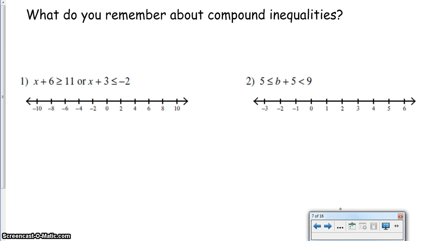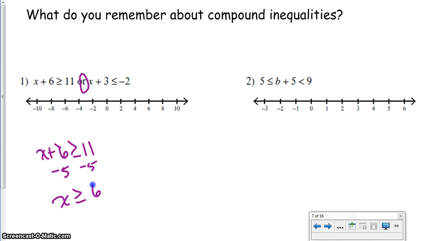So, what do you remember about compound inequalities? We talked a little bit about this with one of my class periods. If it is an or, then you know that you have to treat them separately. X plus 6 greater than or equal to 11, subtract 5 from both sides. X has to be greater than or equal to 6.